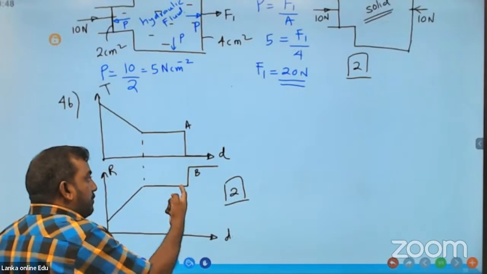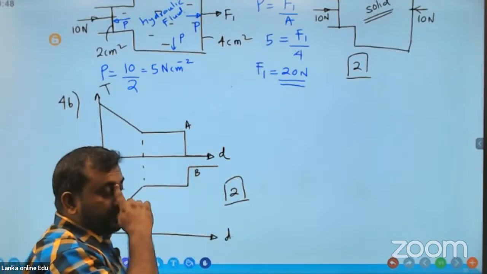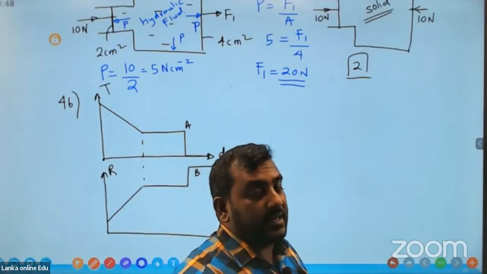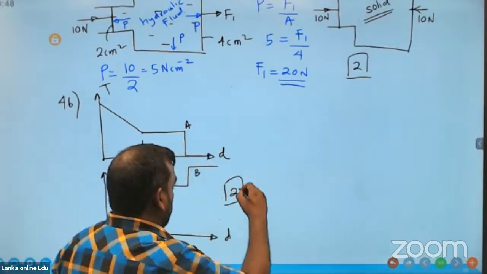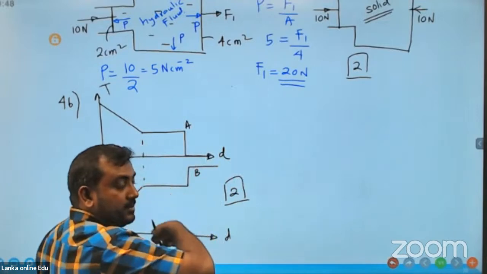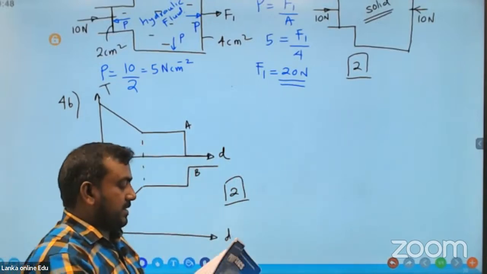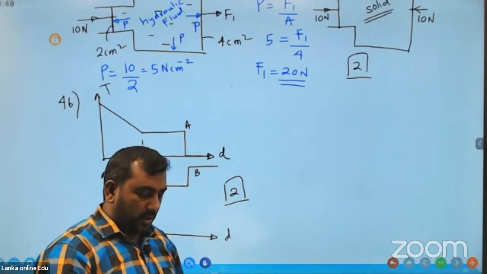And when it touches the bottom, there's a sudden increase. You can refer to the theory note, it's there. This is just a basic idea you keep in your head.